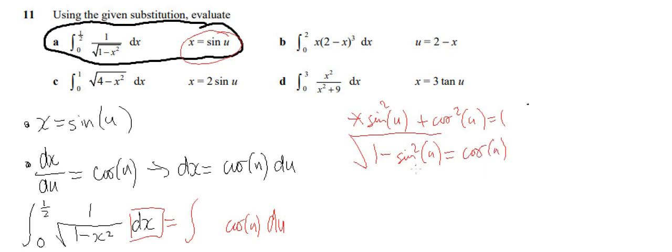So that's our x that we're substituting here. We end up with cos u, that's the overall effect. So that means I've got 1 over cos u.